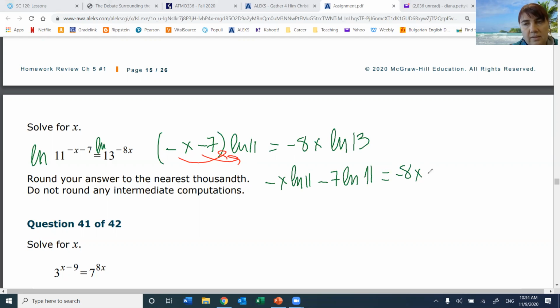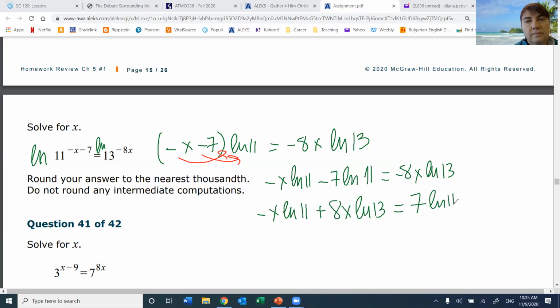Minus 8x. Okay, so now we need to combine the x's. I'm going to move the 8 minus 8x to the left, and I'll move the number, which is just 7 logarithm of 11, to the other side. So we're going to have minus x logarithm of 11 plus 8x logarithm of 13 equals 7 natural log of 11.